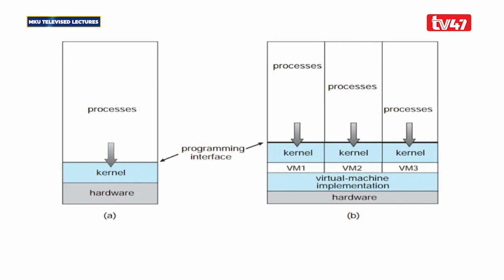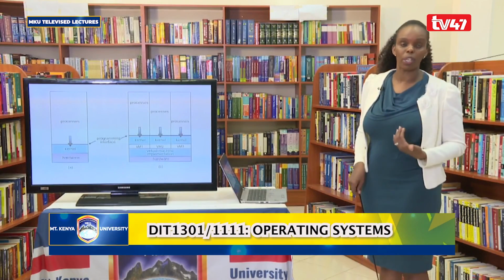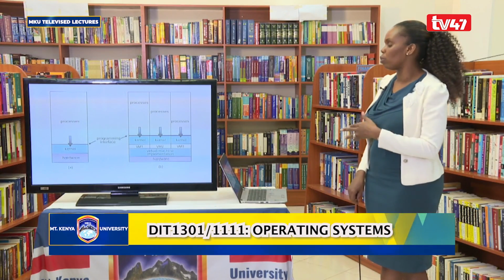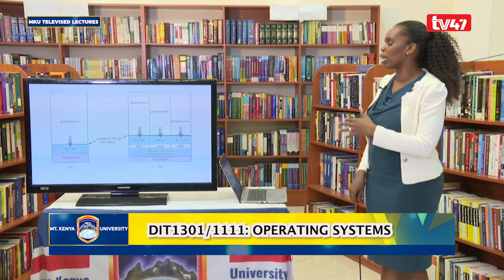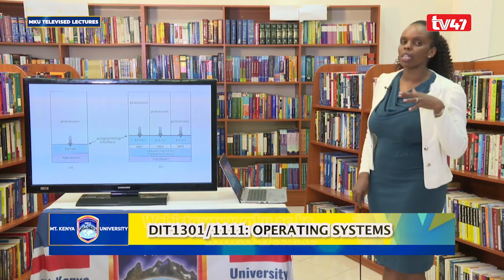The processor, the CPU, the memory, all these are virtualized to look like the processes are being executed. So again, the concept of virtual machines is very good and well embraced, though you need a computer that is able to support this kind of virtual machines and virtual devices so that you can run different processes within the different machines at the same time.